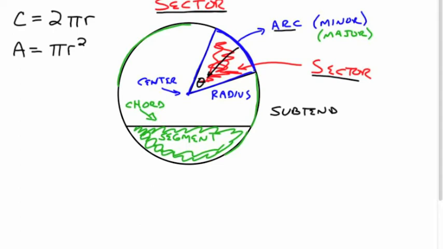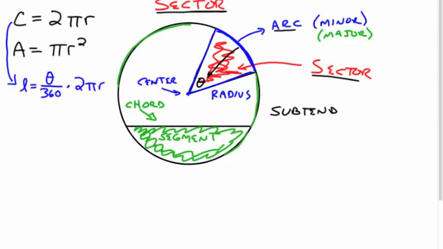So the length of the arc, so here we go. Got a lot of arrows on this drawing today. The length of our arc is going to be based on the measurement of theta divided by 360, so that's kind of taking a portion of the whole 360 of the circle, times 2 pi r. And then for the sector, here comes another arrow.